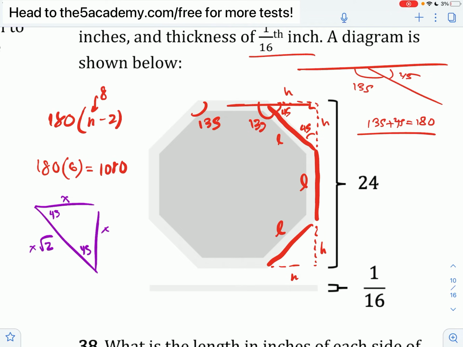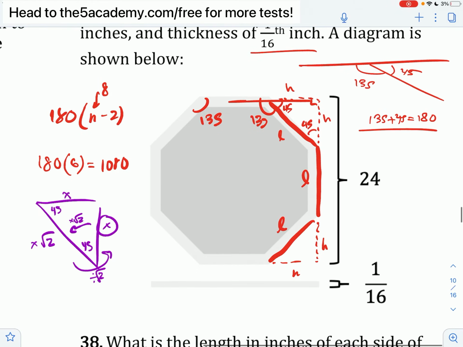So whatever this dimension x is, if I multiply by square root of 2, I get the hypotenuse. And if I know the hypotenuse and I divide by square root of 2, I get x. So my H is just going to be the hypotenuse, which is L, divided by square root of 2. So this right here is just L over square root of 2, and so on for each of these.